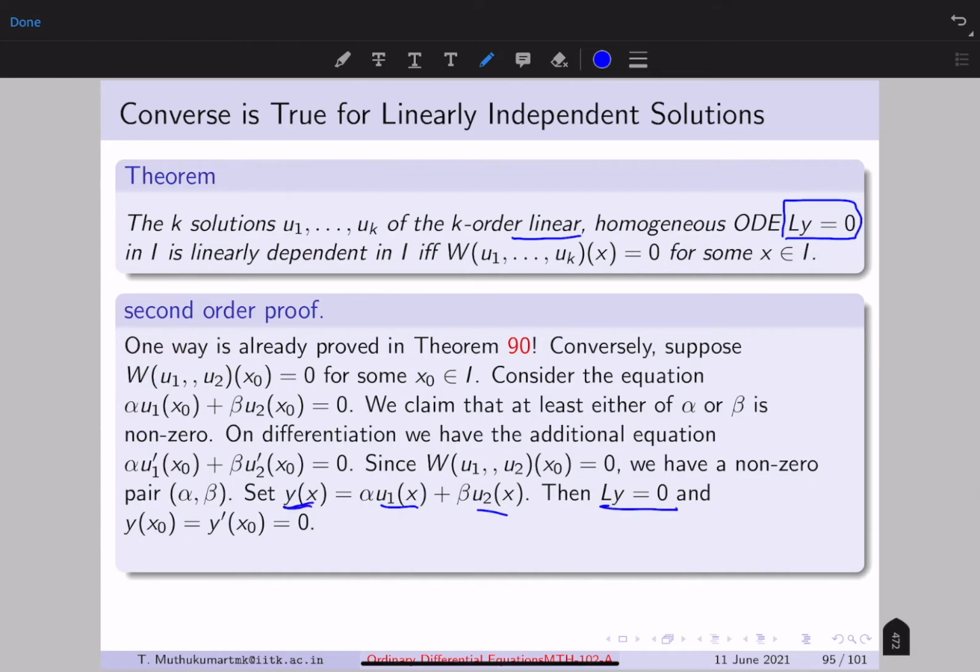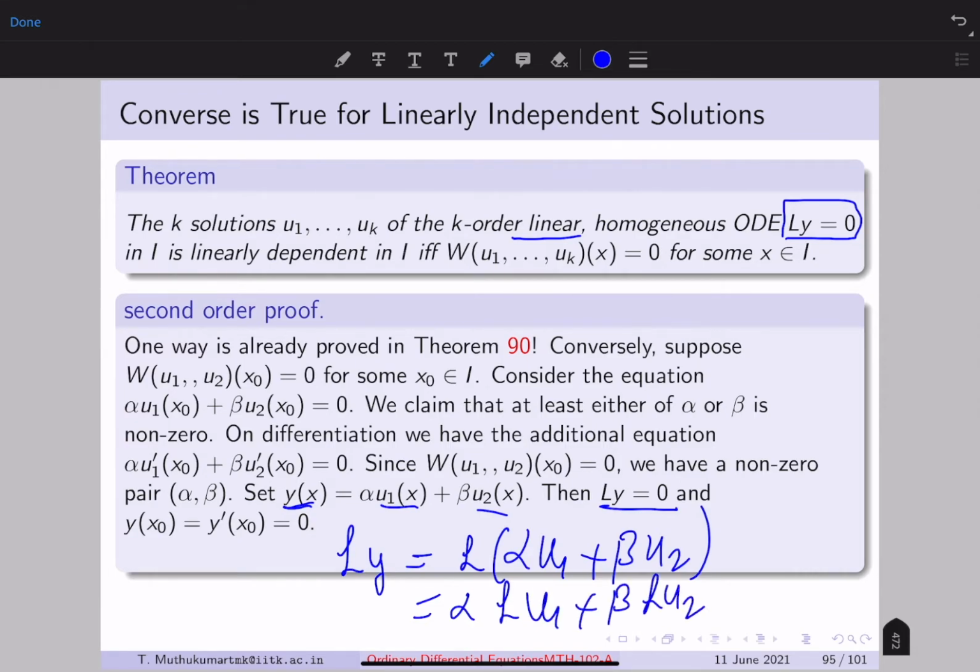L of y is L of alpha u1 plus beta u2, and by the linearity of L it's alpha L u1 plus beta L u2, but u1 and u2 are solutions, so this is 0 and this is 0. So Ly is 0, so y is also a solution to this second order ODE.